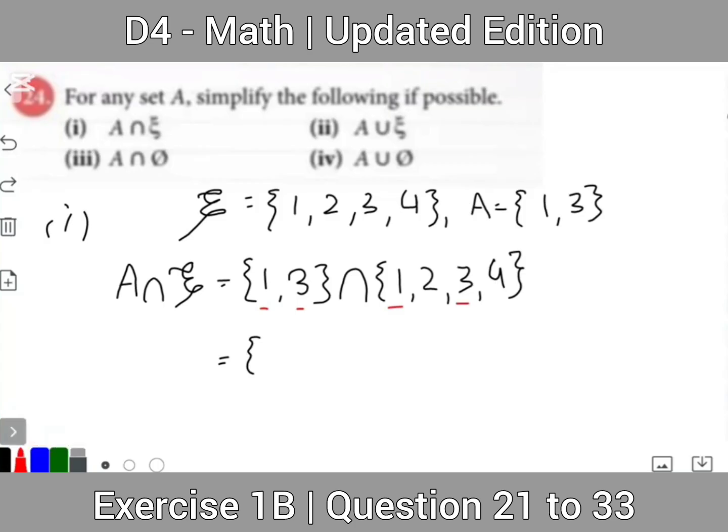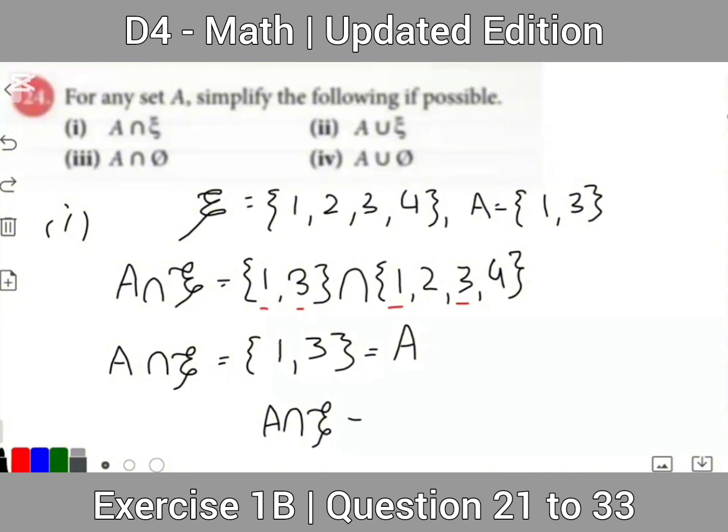So the answer of A intersection eta is equals to 1 and 3, and that is equals to the set A. So A intersection eta will be equals to the set A.